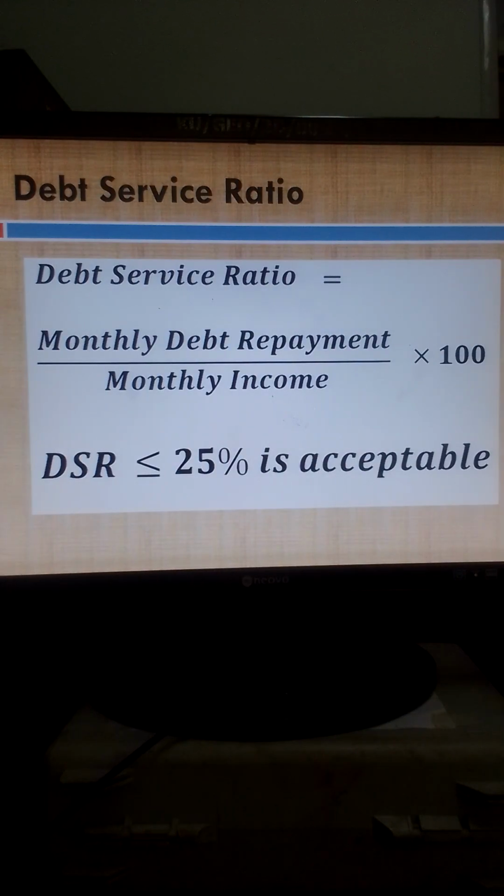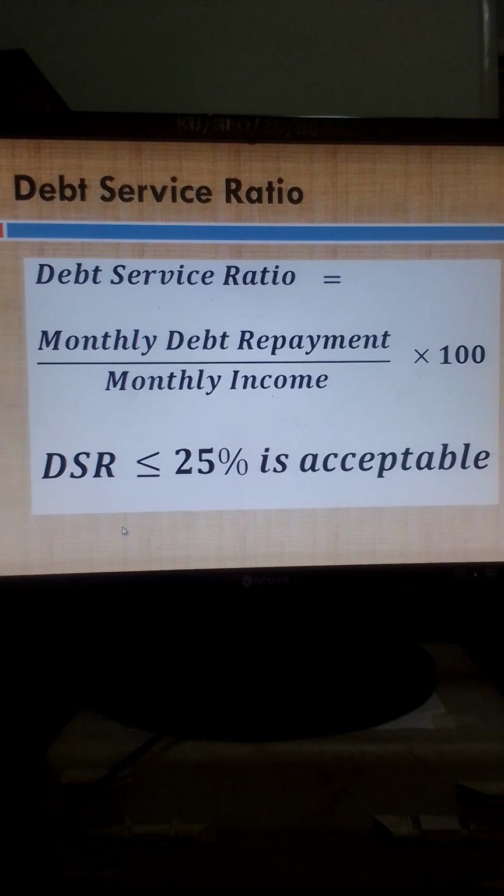Debt service ratio is obtained by dividing your monthly debt repayment by your monthly income, then you multiply by 100. Okay, so your monthly debt repayment divided by your monthly income times 100 gives you your debt service ratio.